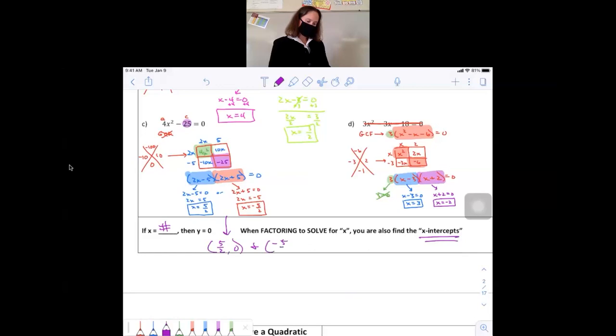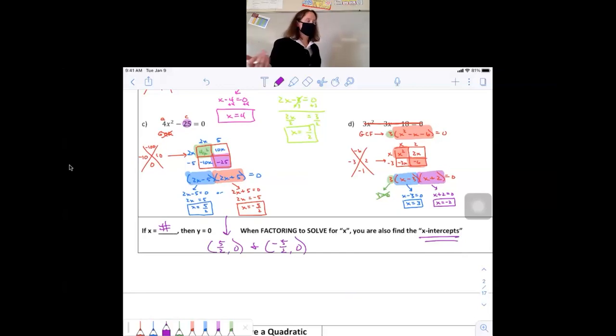So for this example down here, we would have 2 x-intercepts of 5/2, 0, and -5/2, 0. Those are the x-intercepts. That's what we're doing when we're solving. We're finding the x-intercepts, the solutions, the roots, all of those. We talked about that when we talked about the graphs. Any questions with factoring?